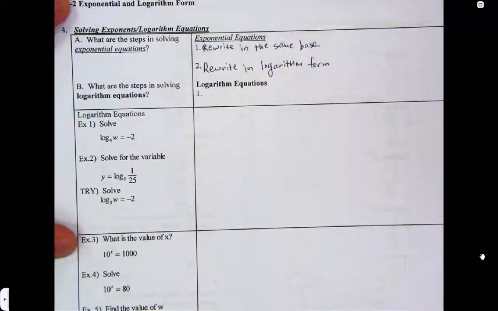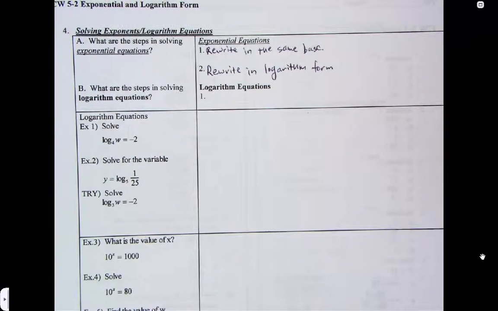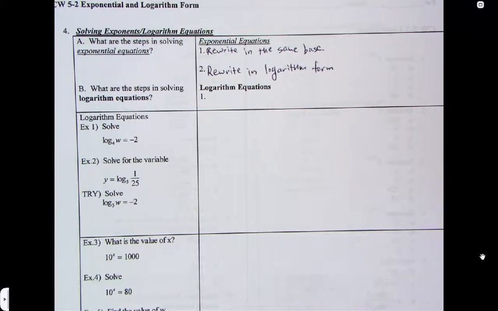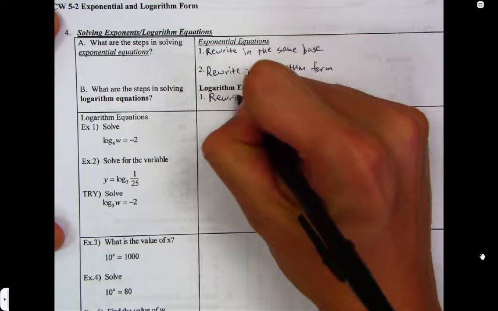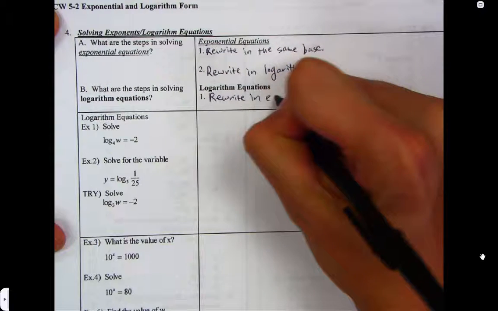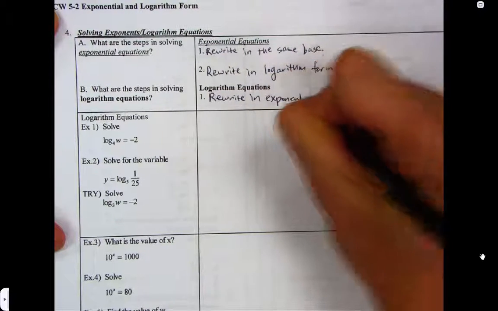What are steps in solving logarithm equations? Well, logarithm equations with equal signs with logs in them, we're just going to rewrite for right now. We're just going to rewrite in exponential form.